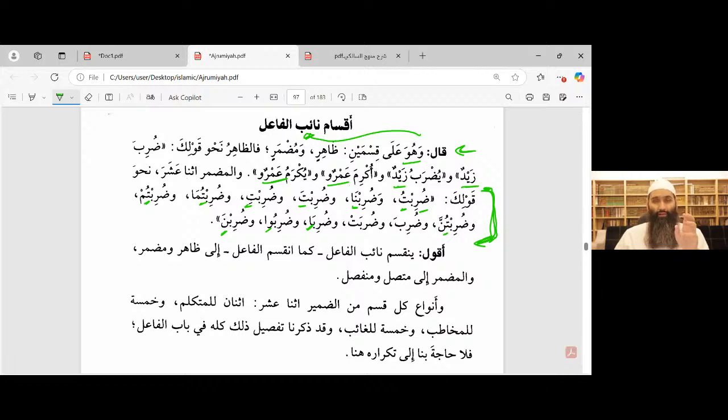For example, darabtu, ana darabtu zaydan: that's a normal jumla, fi'l and fa'il, so the ta there would be fa'il.